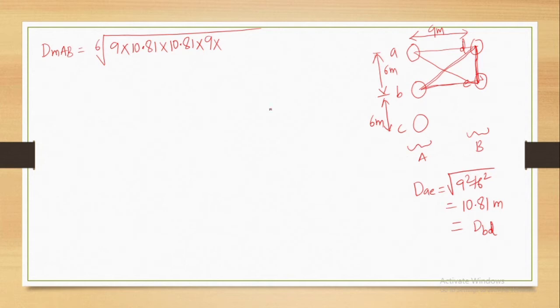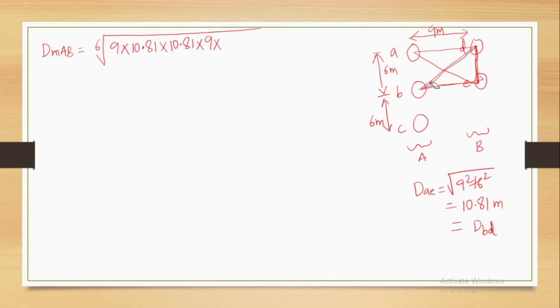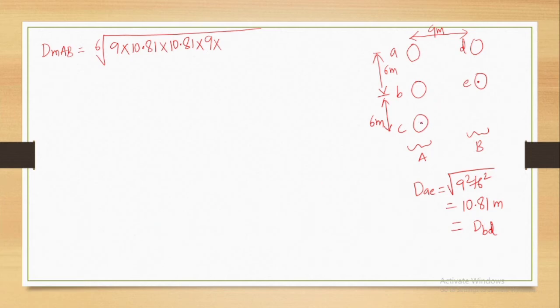Next, what is the fifth distance? Fifth distance is the distance from C. Is it right? Find the distance from C. How can you find the distance from C? By considering this point and this point at the right angle triangle. What is this total distance?